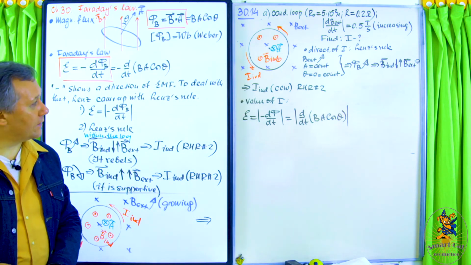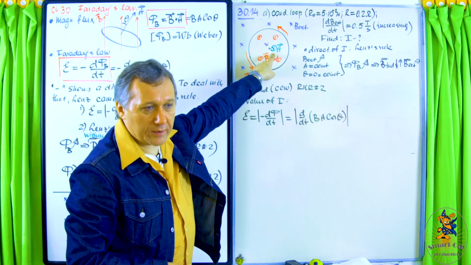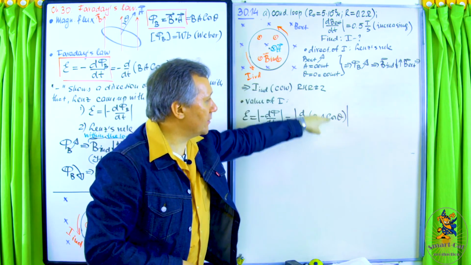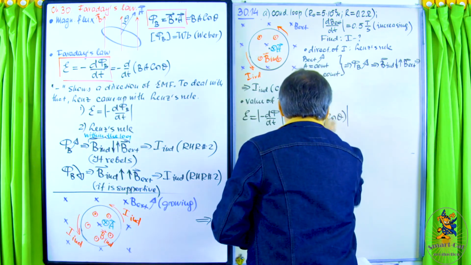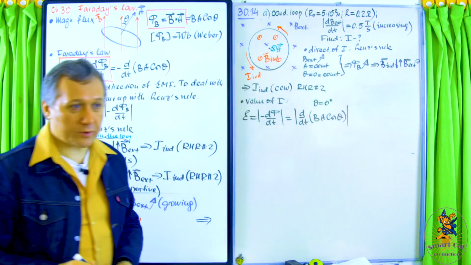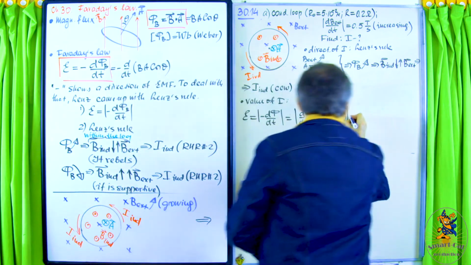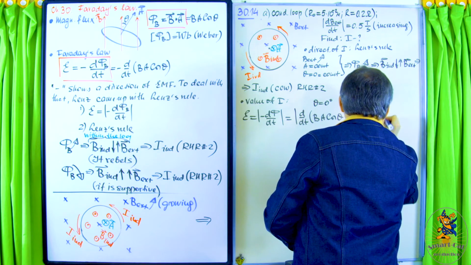What's the value of the angle theta? You see, I oriented my A vector into the board, so the angle is 0. Theta equals 0 degrees, right? So cosine of 0 is 1. So I can write immediately, the absolute value of d over dt of just BA.